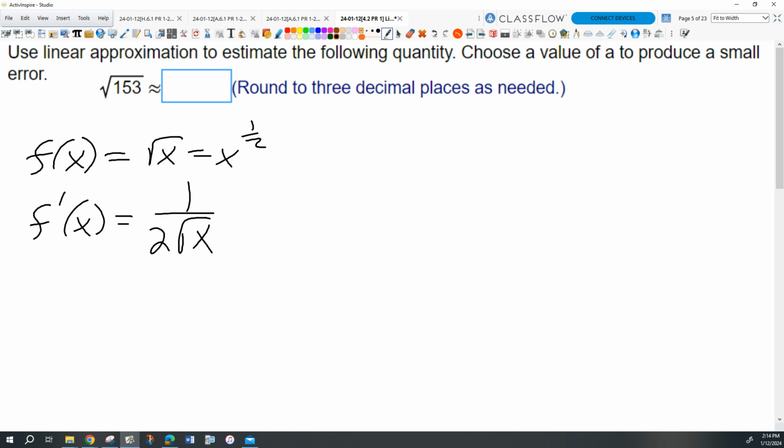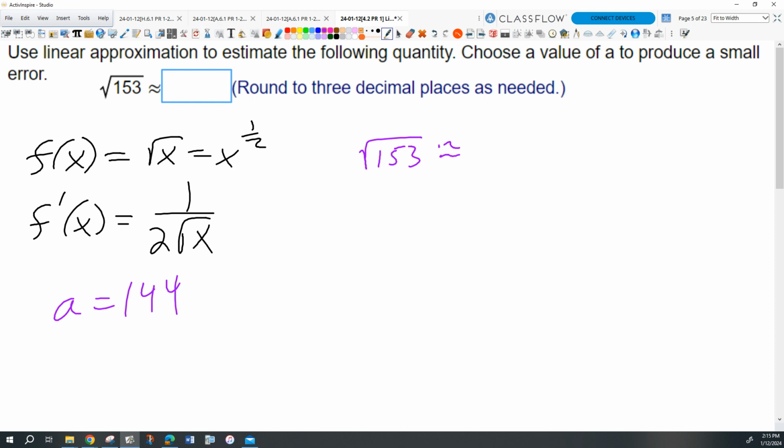So we could do this pretty easily then. We could say the square root of 153 is going to be approximated by our linearization evaluated at 153, where our convenient value is going to be 144. Okay, so we're going to use 144 as our convenient value.